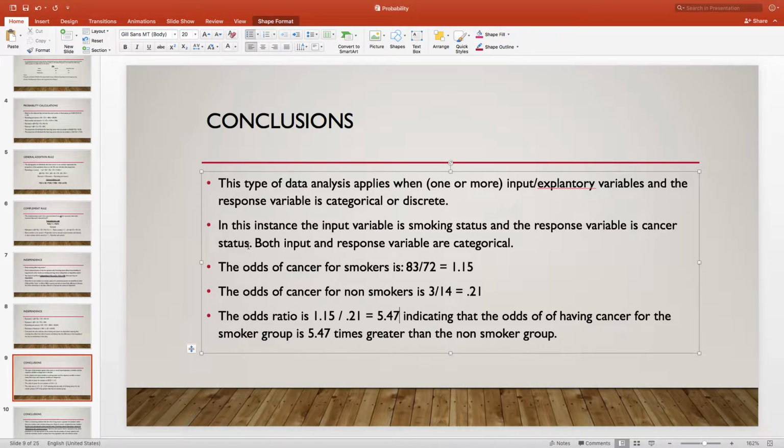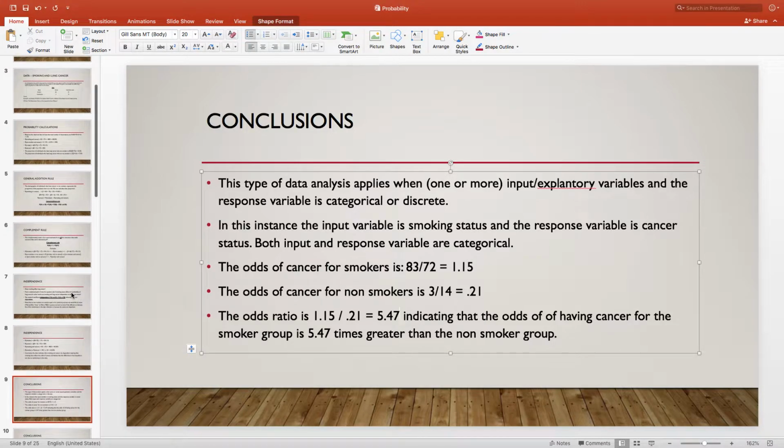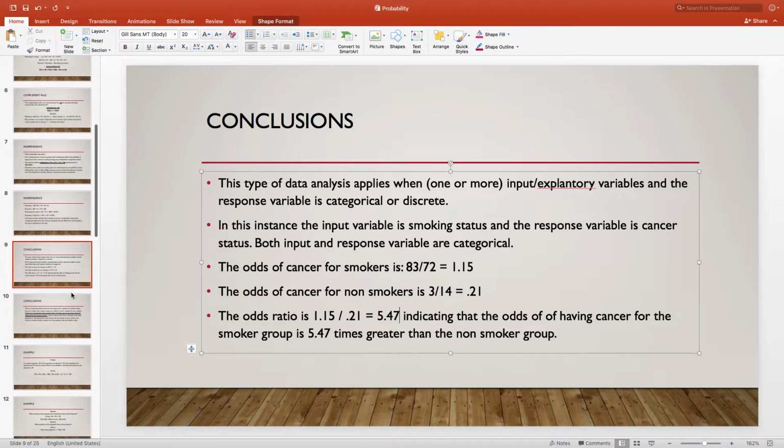And that's why there's convincing evidence that smoking causes cancer, or at least lung cancer, even though we can't have designed experiments.